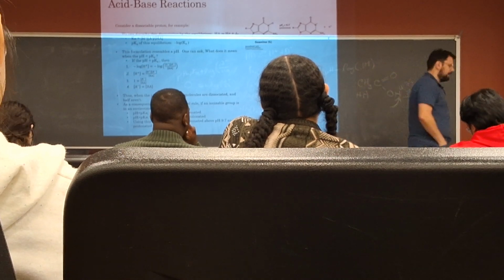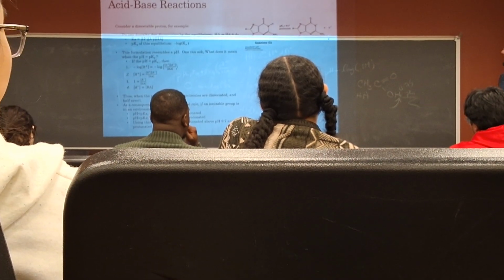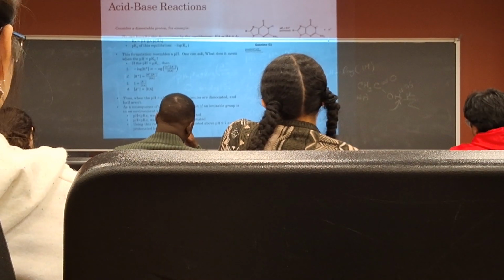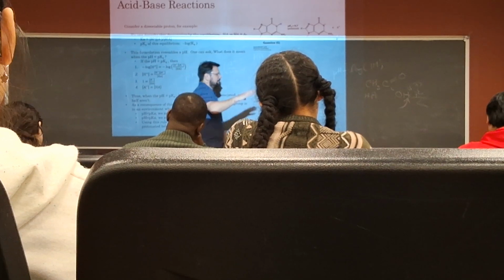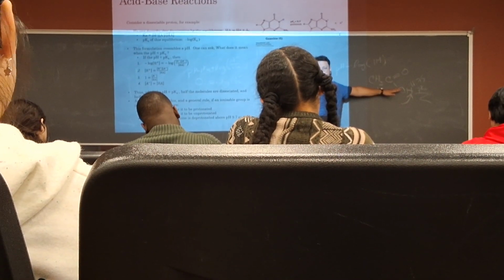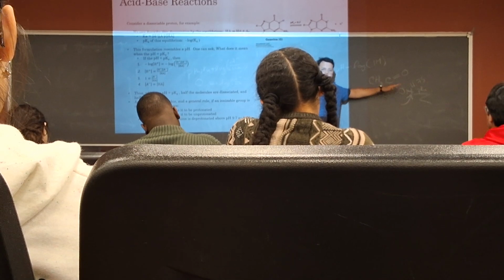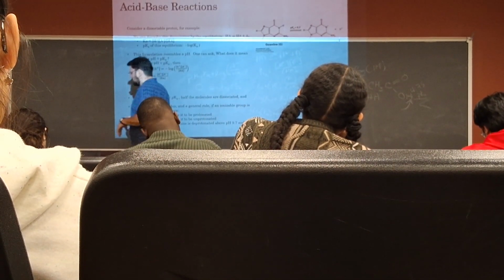What does that mean about A minus and HA? They're the same. When the pH of a solution matches the pKa of the proton, it exists as 50% A minus and 50% HA. So that proton is 50% gone when the pH equals the pKa.